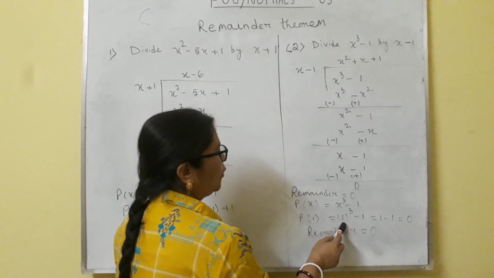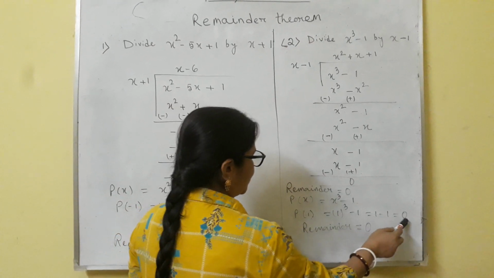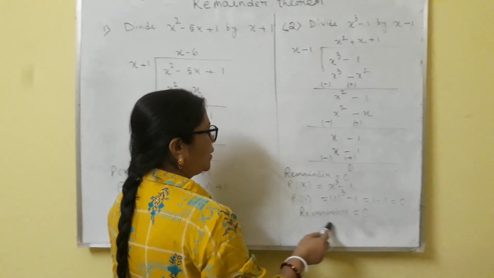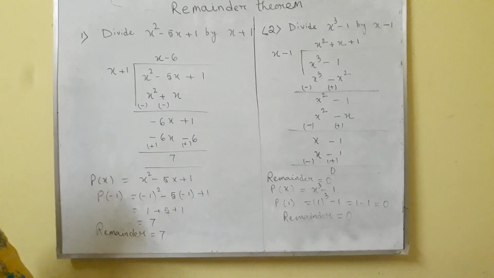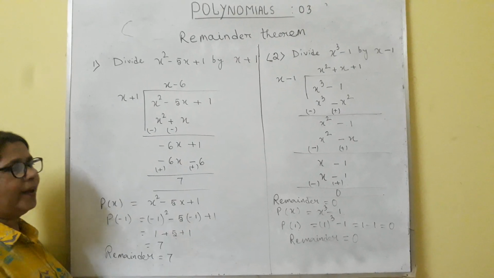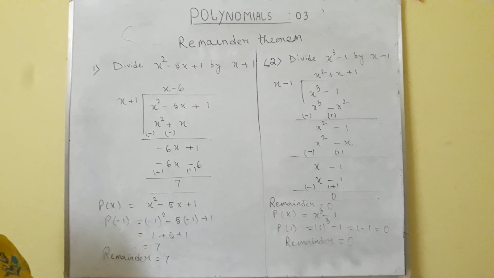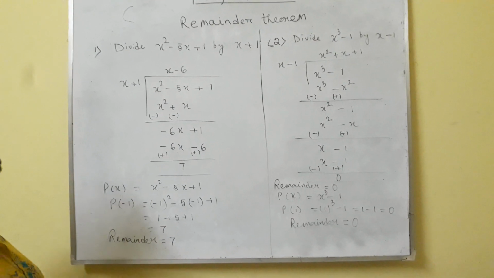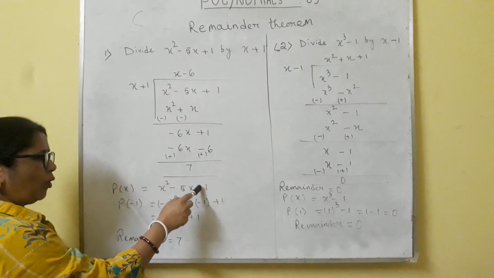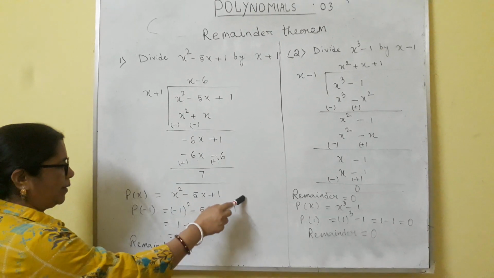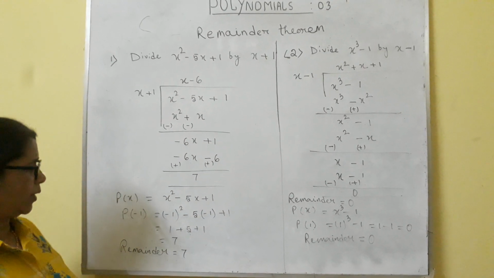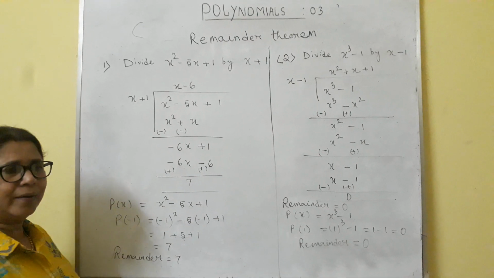So we get 1 cube minus 1, that is 1 minus 1, which is 0. So we get the remainder 0. Now all the time it is not possible to find the remainder by the long division method. By the long division method we got the remainder, and by this method also we got the same remainder.